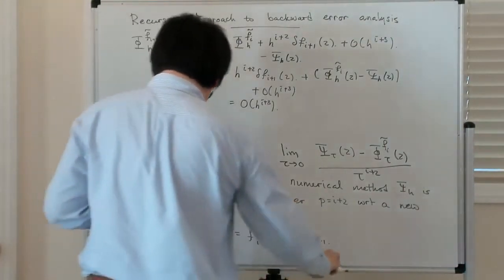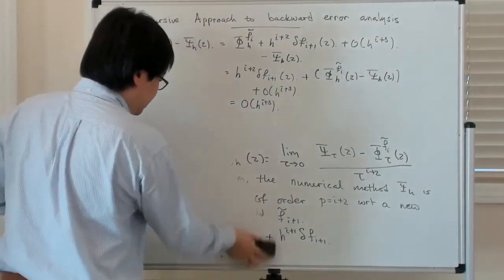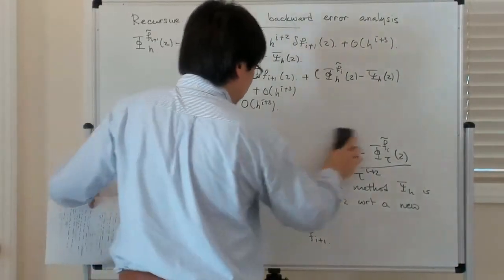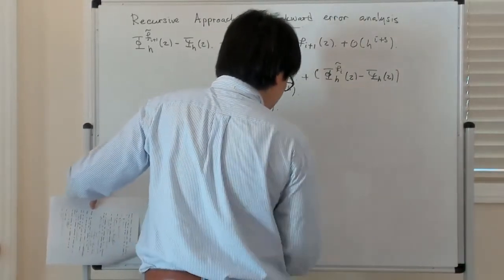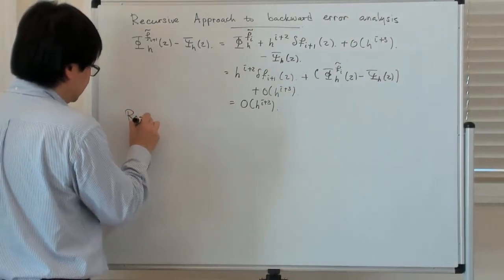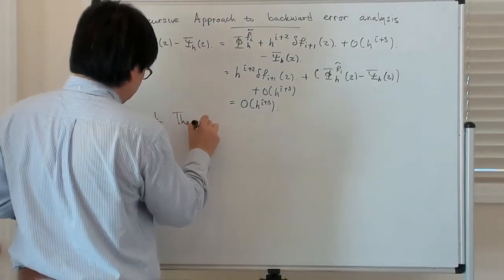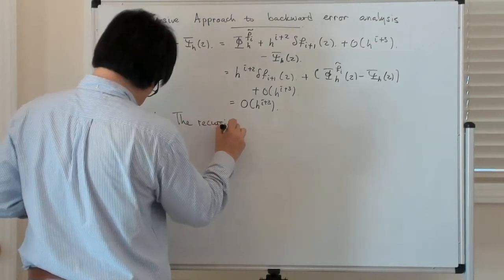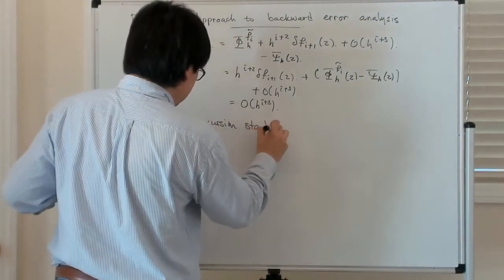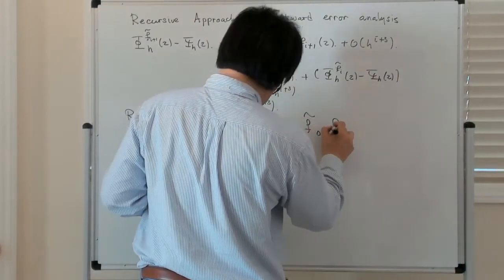Okay. As I said before, this recursion starts with the original vector field. So the remark is that the recursion starts with f tilde 0, which is just f.